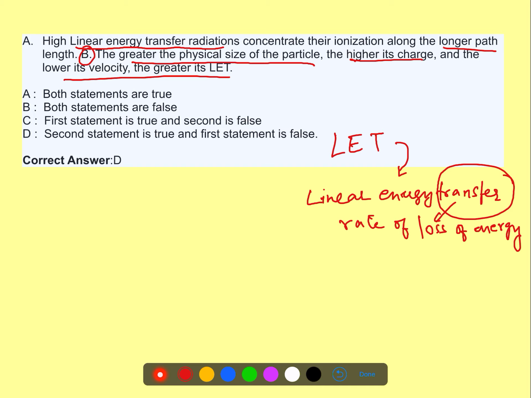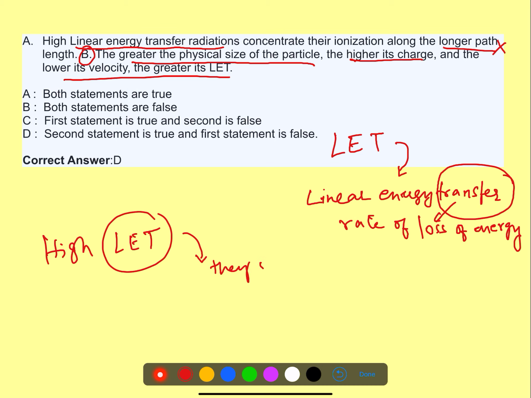The correct option of this question is D, that is, the first statement is false whereas the second statement is true. The first statement says high linear energy transfer radiations ionize along the longer path, but it is wrong. If there is a high linear energy transfer, they will rapidly produce ion pairs, so they will concentrate their ionization along a shorter path.